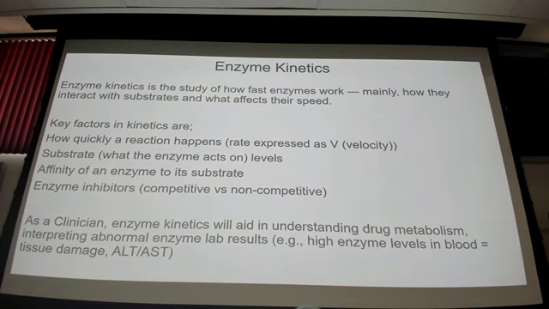So enzyme kinetics basically studies how fast the enzyme works. There are many factors involved in enzyme kinetics: how much substrate we have, how much enzyme we have, the affinity of an enzyme to its substrate, and whether or not competitive or non-competitive inhibition occurs.